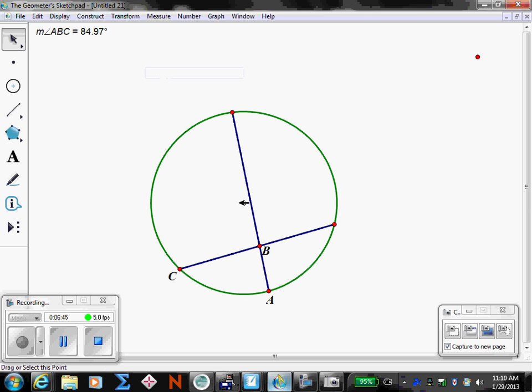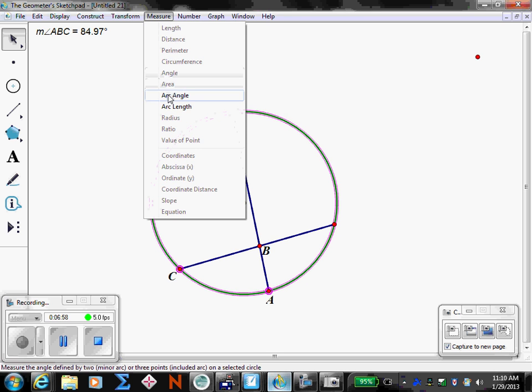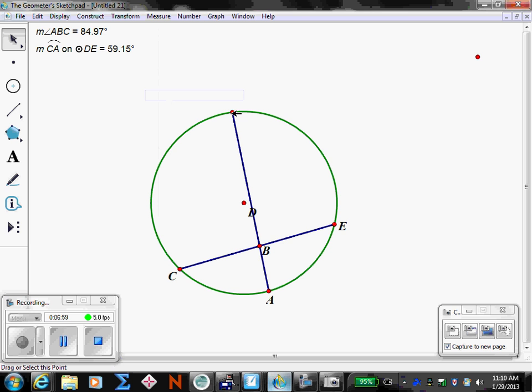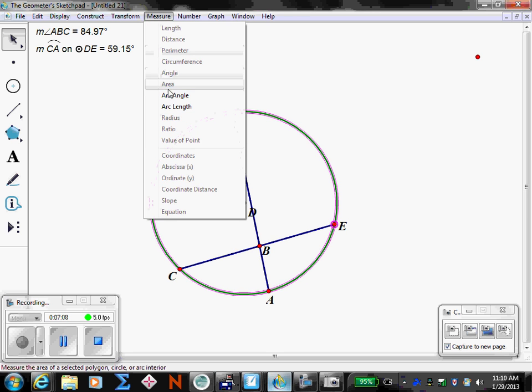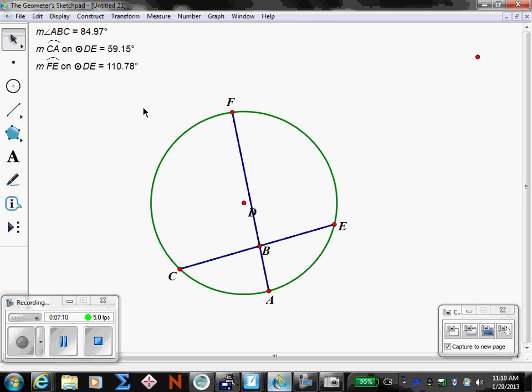Okay, so now we know, once we know one of these angles, we should know the other three. I'm going to measure the intercepted arcs. So I'm going to highlight the 2 points and then the circle, and I say measure arc angle. And then I'm going to measure the one that intercepts the vertical angle. Okay, now look what happens.